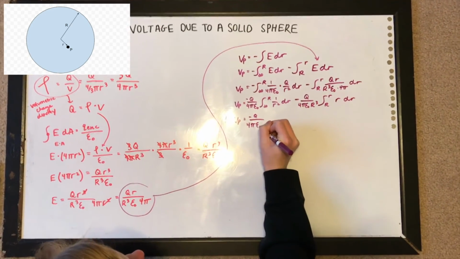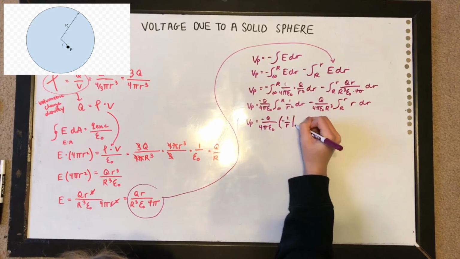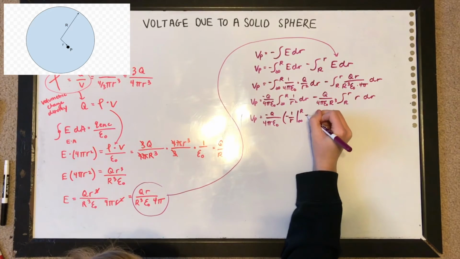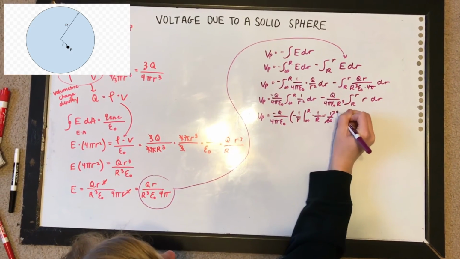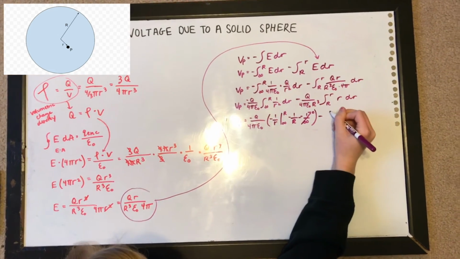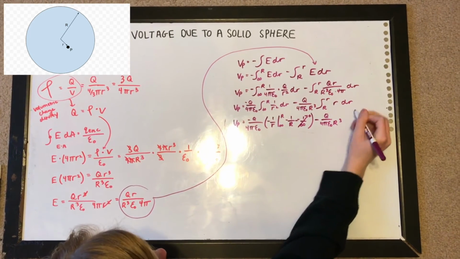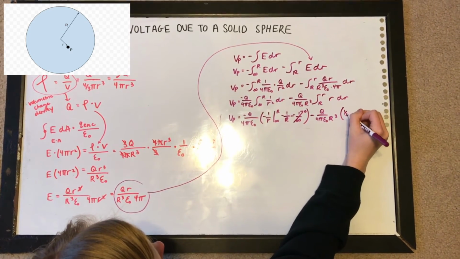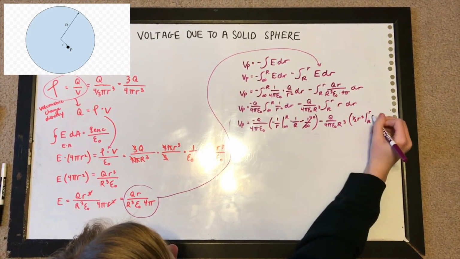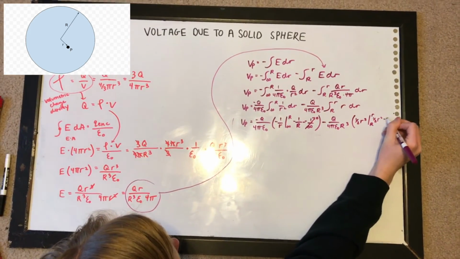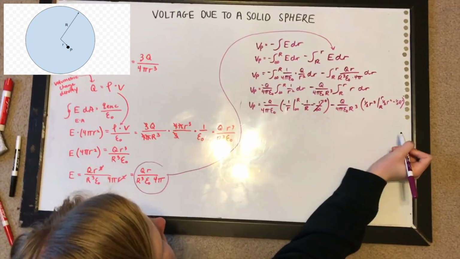So you bring down the constants you took out, and the integral of 1 over r squared is negative 1 over r, evaluated from infinity to big R, is negative 1 over big R, minus negative 1 over infinity, which is just equal to 0, and then minus the constants we took out, and the integral of r is 1/2 r squared, evaluated from big R to little r, which equals 1/2 r squared minus 1/2 big R squared.